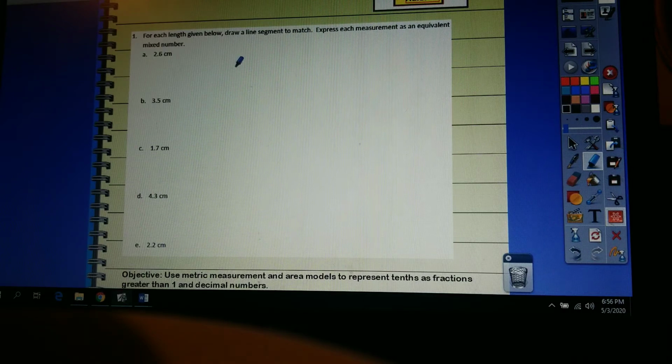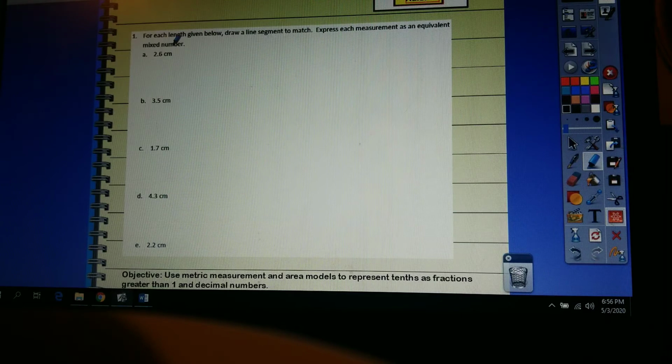And this is our second lesson with decimals, and I'll be putting all these pages up there for you. So it says for each length given, draw a line segment to match. Express each measurement as an equivalent mixed number. Okay, so Miss Bridget's not going to be drawing the segment. I'm going to show you in a minute what it looks like, but there's no way with this pen that I can do that. But I'm going to show you the equivalent mixed number.